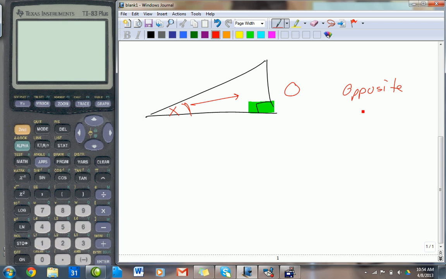Regardless of where my reference angle is, the side across from 90 is the hypotenuse, so we call that H. And the side that's not the opposite side, nor the hypotenuse, is called the adjacent side. A is the adjacent side, and H is for hypotenuse.